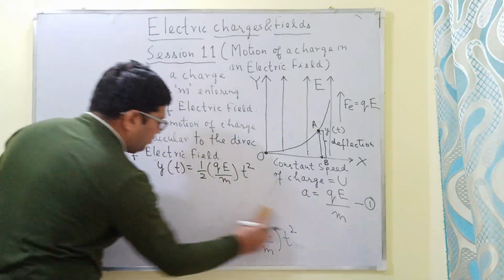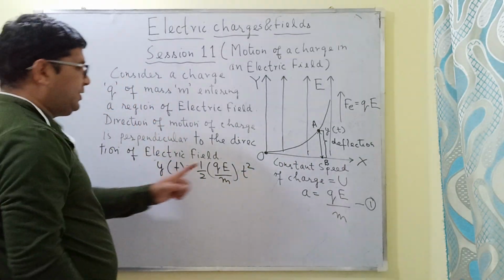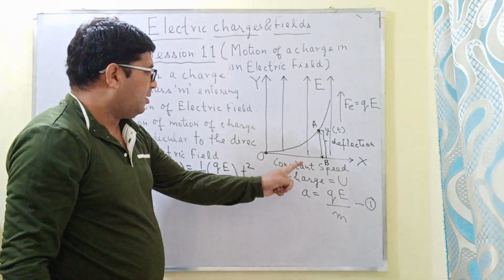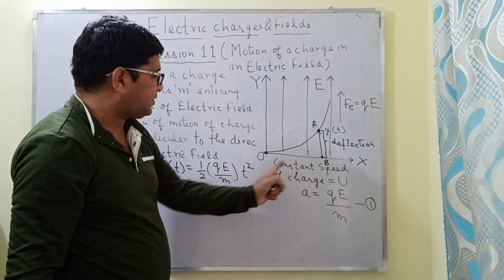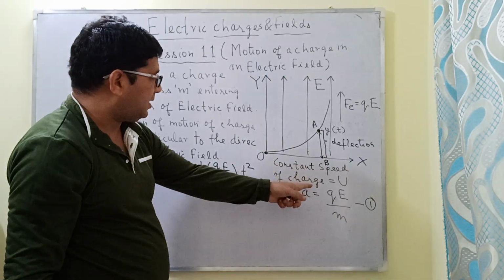Now this equation can also be written differently. The horizontal component of the speed along the x-axis of this charge is u.